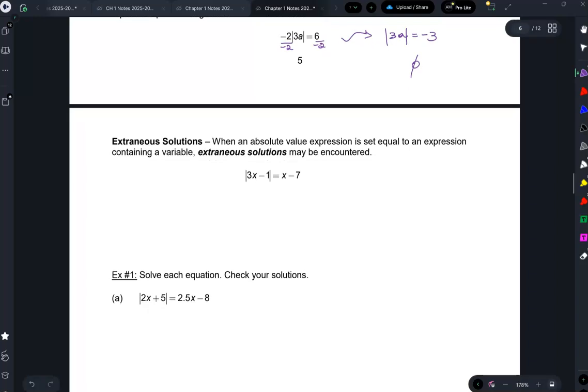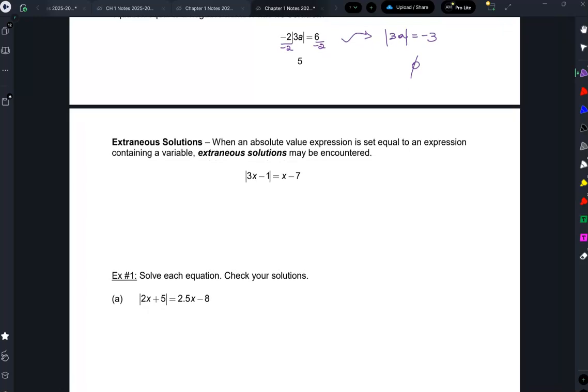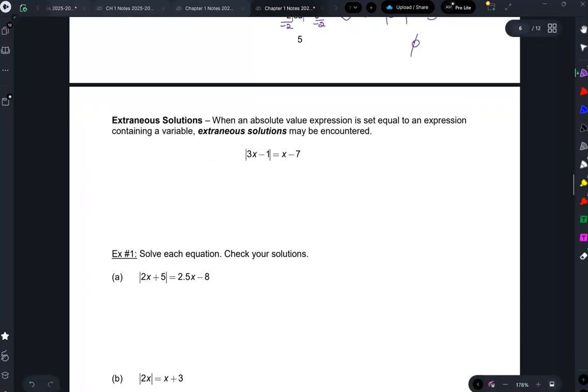Okay, next one. All of the ones that we did so far, you only had a variable inside the absolute value. Cool? Right now, we're going to have a variable inside and outside the absolute value.